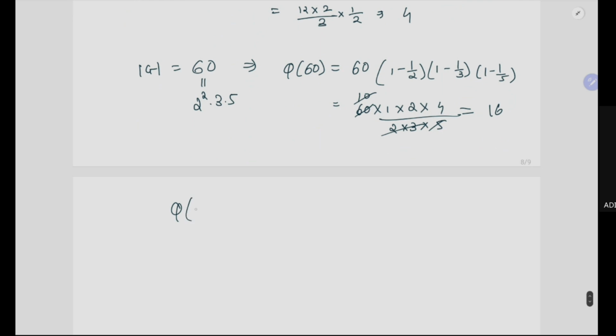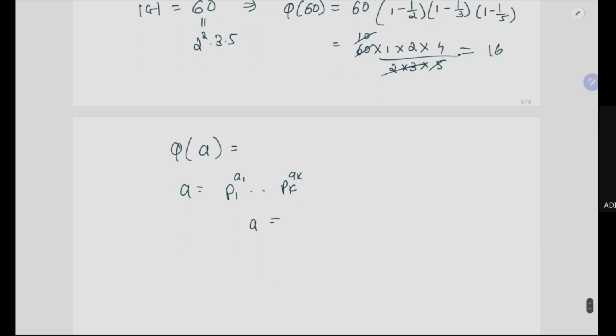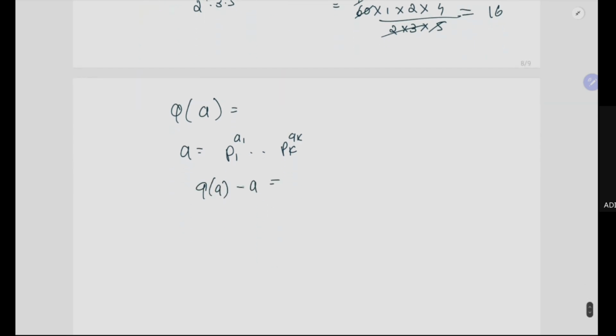So this is phi of some A: just write its prime decomposition. If A is p1 power a1 up to pk power ak, then phi of A will be A into 1 minus 1 by p1 up to 1 minus 1 by pk. Okay, this is the formula.